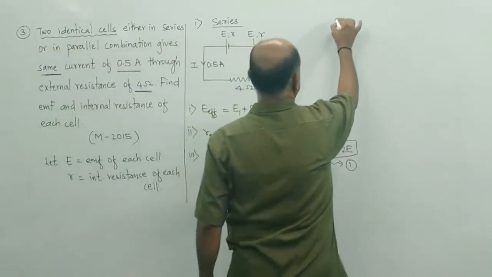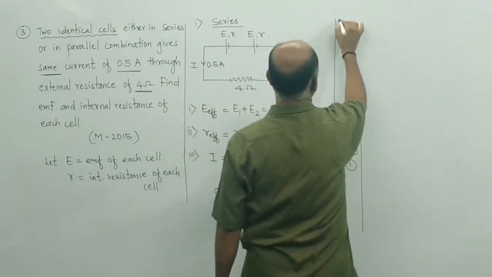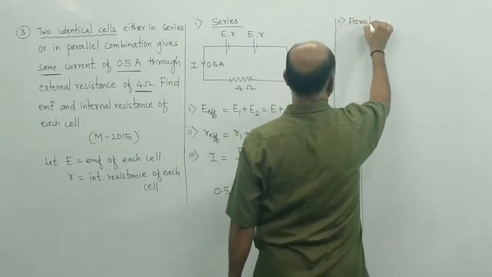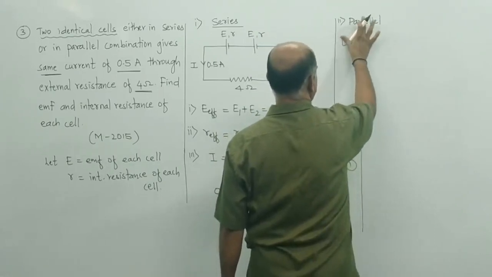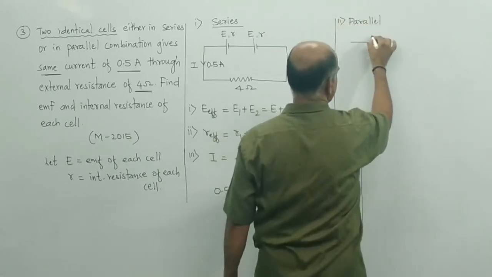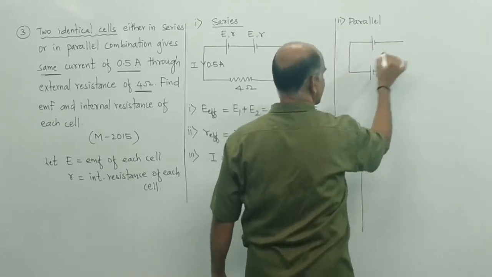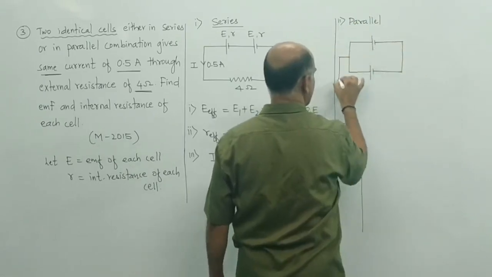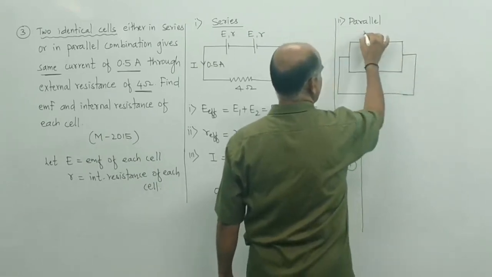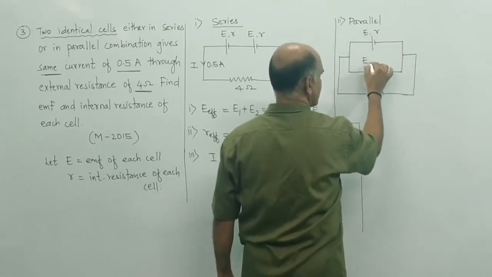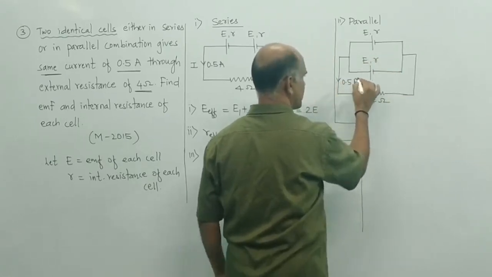Now similarly, if both are connected in parallel, I will draw a circuit diagram. Two cells are connected in parallel across an external resistance of 4 ohms. E, internal resistance r, E, r, this is 4 ohms, and the current is 0.5 ampere.